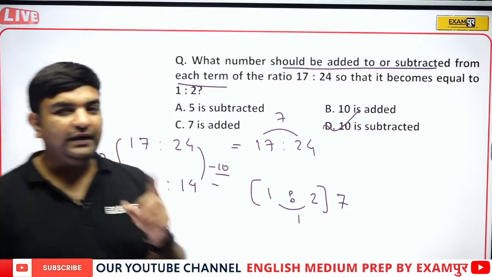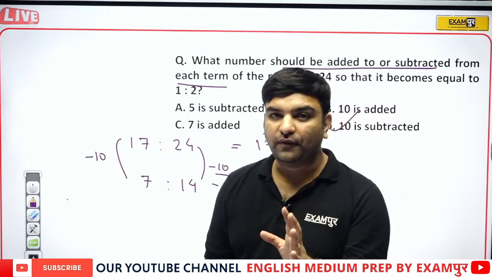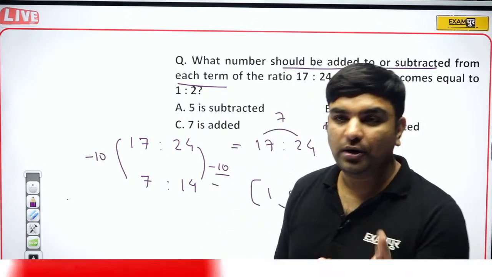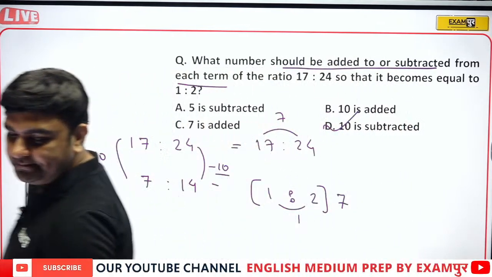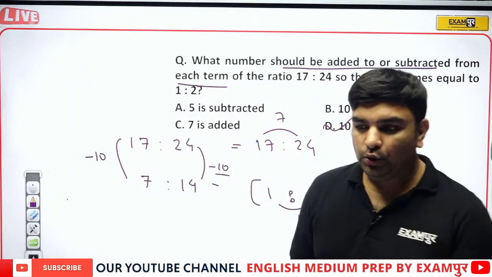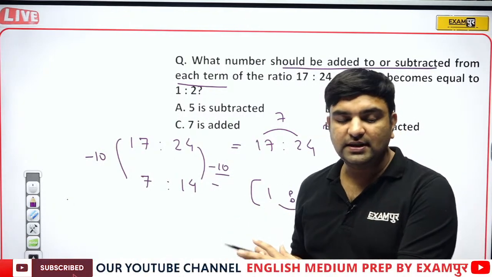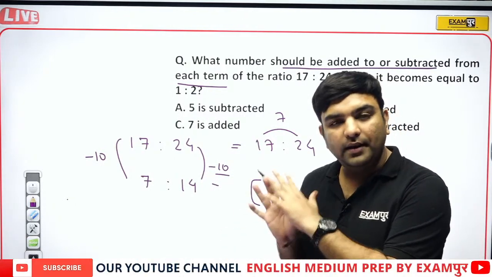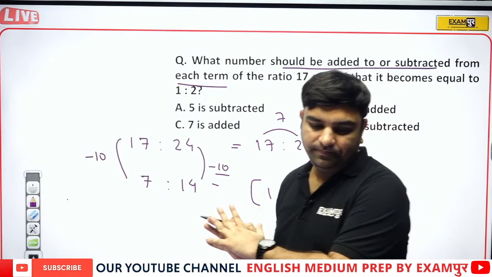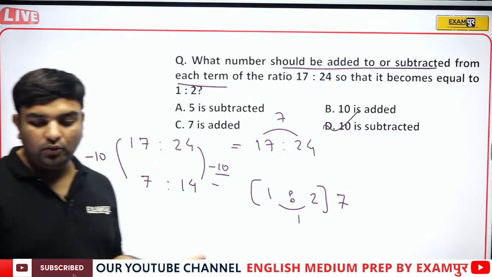I think I have taken this concept in detail yesterday as well, that in what case you can find out the answer and in what case you cannot. Guys, is this logic clear to you? Clubbing yesterday's concept with today's concept, how this is different and why we are able to find the answer.